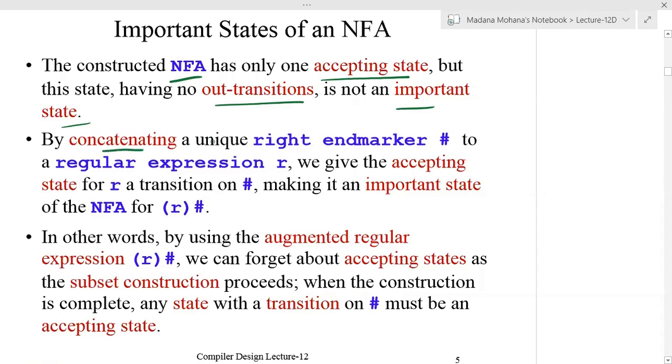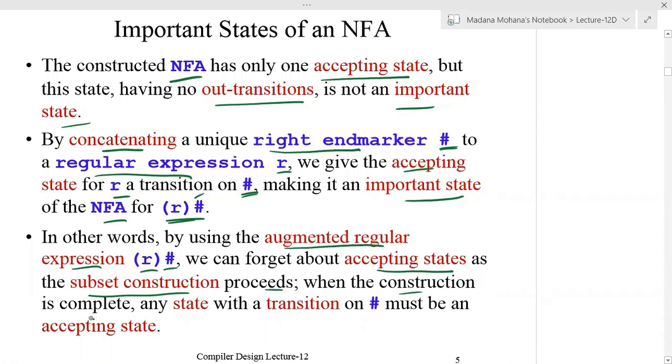Here, by concatenating a unique right end marker, the hash symbol, to the regular expression R, we give the accepting state for R a transition on the end marker hash, making it an important state of the NFA for the regular expression concatenated with the end marker hash. In other words, by using the augmented regular expression R concatenated with hash, we can forget about accepting states as the subset construction proceeds.